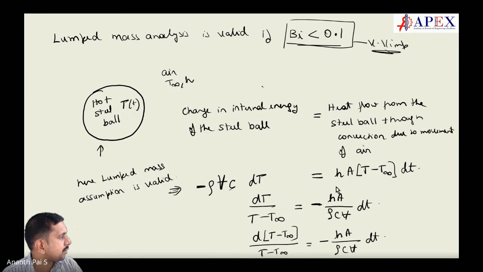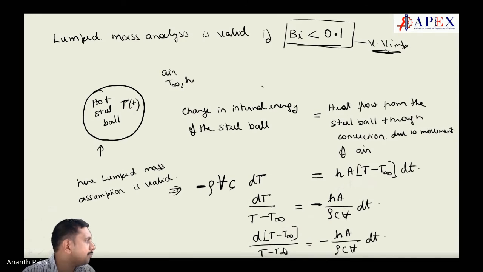In the numerator, dT, yes, you are right, I could write with the dT only. But then the log becomes a problem. You will get log of T minus T infinity only.